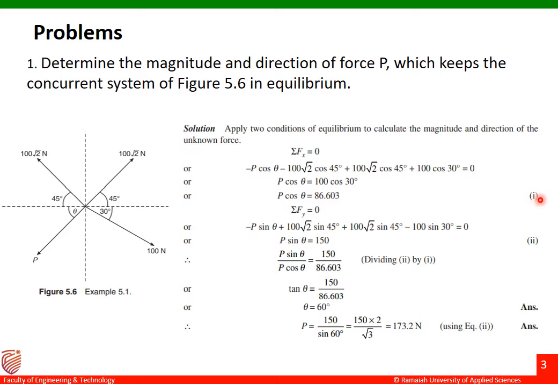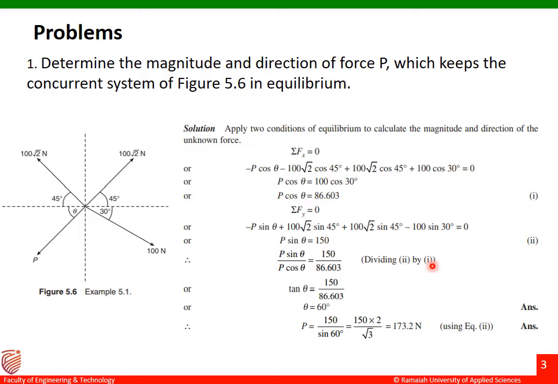So we have two equations. The first equation is P cos theta equal to 86.603, that is my equation number 1. The second equation is P sin theta is equal to 150, that is my equation number 2. Okay, so I'll divide equation number 2 by equation number 1.